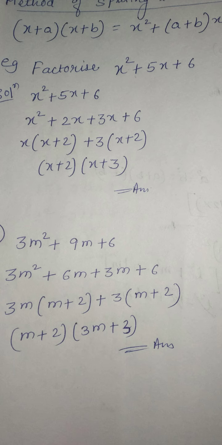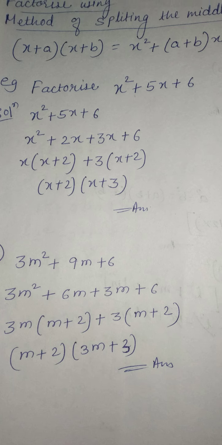Now 3m square you cannot convert into a whole square form. 3 cannot be taken as the square of any number. The square will be only for m, it will not be for 3. And 6 in the third term also cannot be converted into a square term. So again this cannot be solved using the identities method. Here again the method will be the method of splitting the middle term.